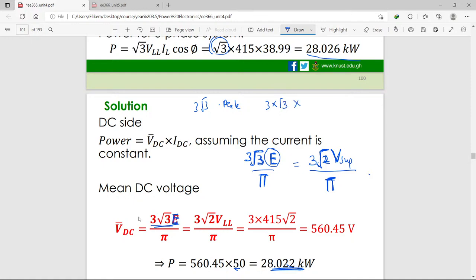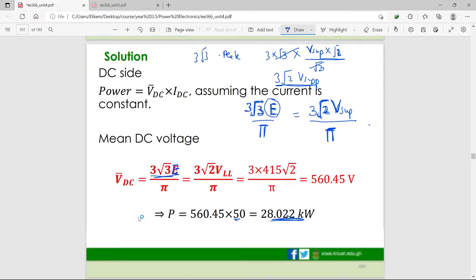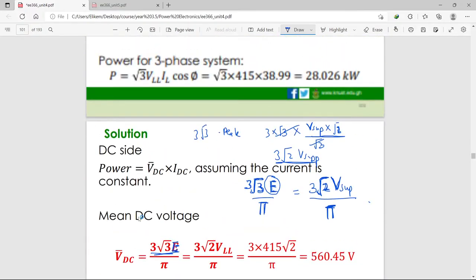We know that E is the RMS times root 2. So this is V supply times root 2. And then usually the V they give me is the line voltage, so you divide by root 3. You get it? So this will cancel this. That's why we get 3 root 2 times supply voltage over pi. Alright, so that's it for the 3 phase.